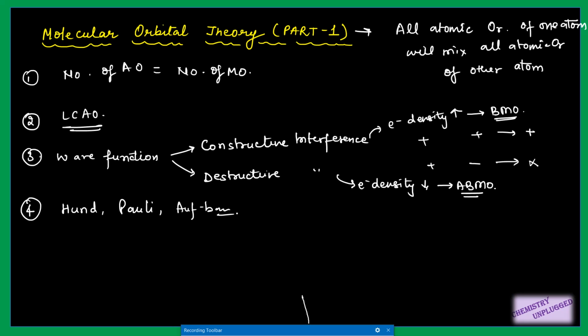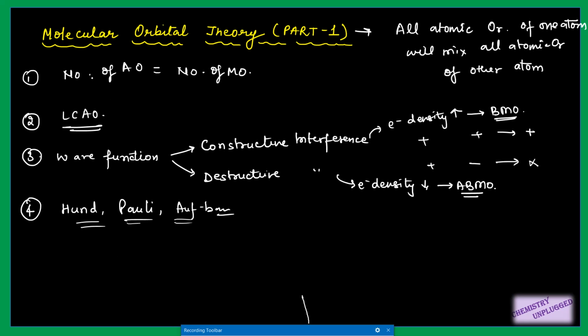So when we fill electrons in molecular orbitals in upcoming videos, we will follow all these rules. Then I will tell you how we are following these rules, at which step. So we will see all these steps one by one in our videos.